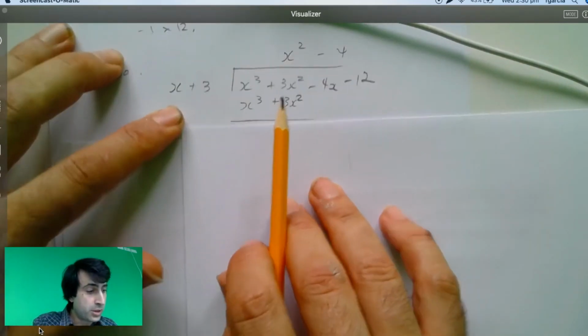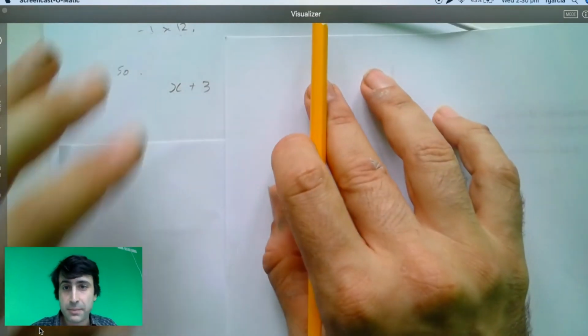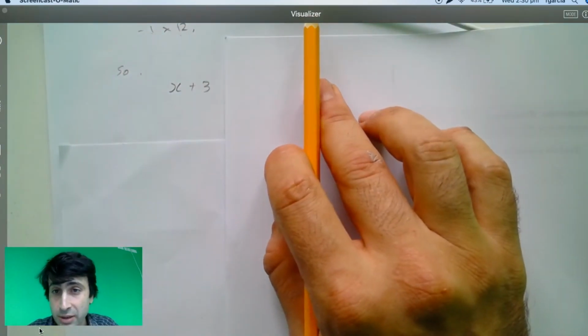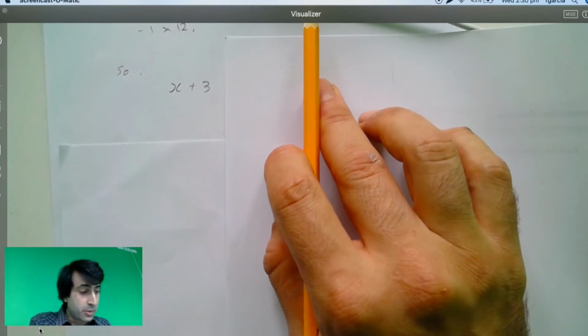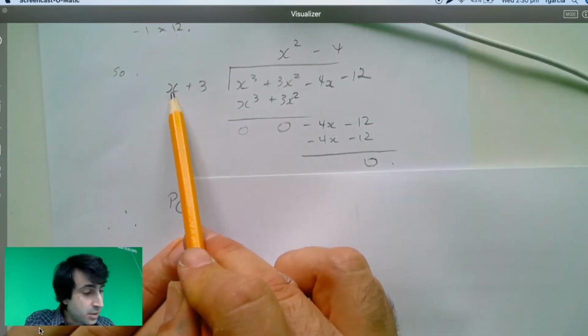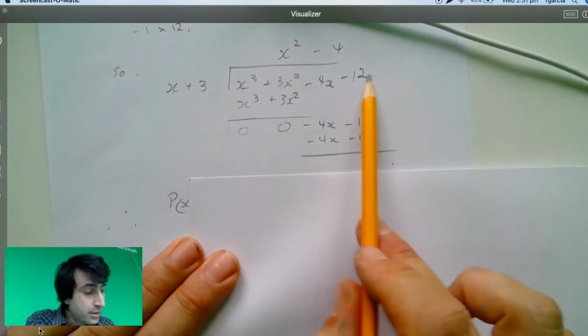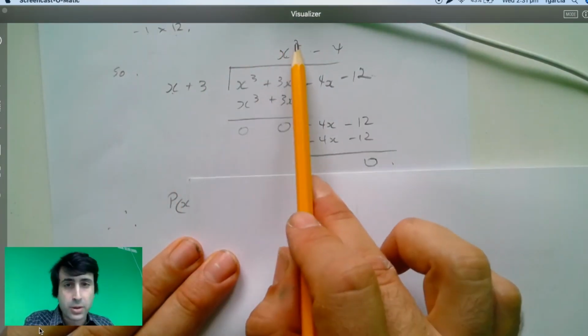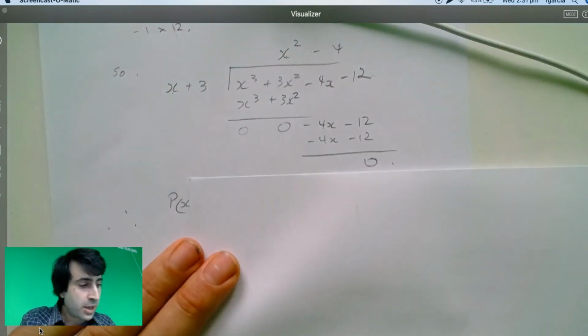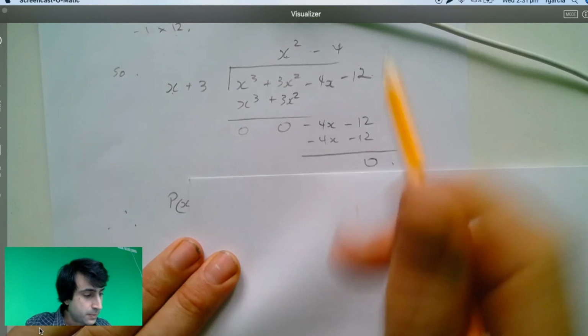Now, before you see the answer, which you probably have already, you can do this quickly yourself, but I've already done it because we're running out of time. And we see that if I divide x plus 3 into the polynomial, I get a quotient of x squared minus 4. Did some of you just go, x squared minus 4, what's that? It's a difference of 2 squares.